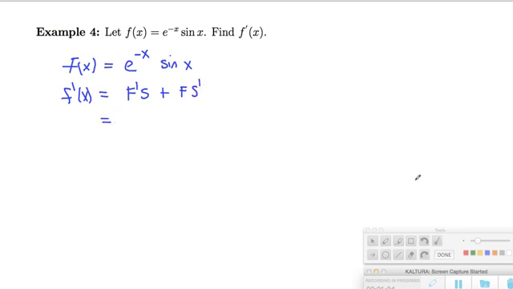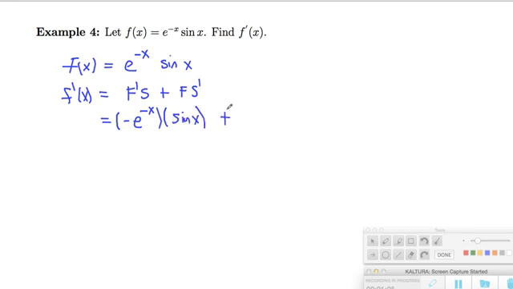So the derivative of the first function, e to the negative x, its derivative is, recall, k e to the kx, so this is negative 1 times e to the negative x. Second function left alone is sine of x.